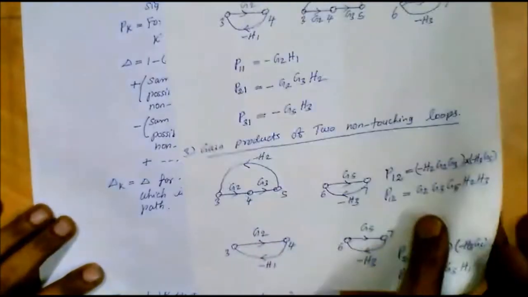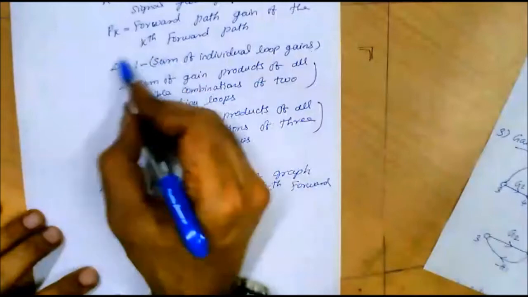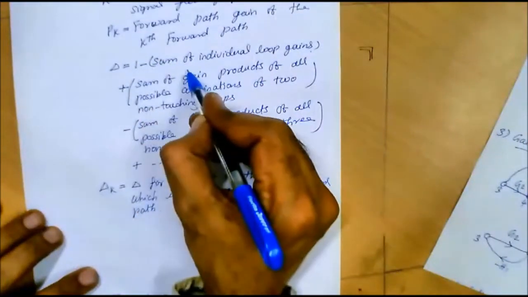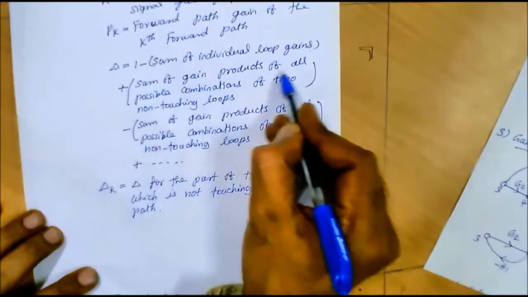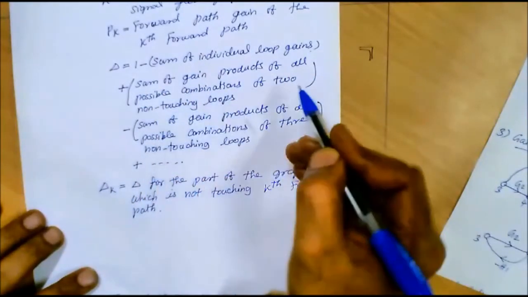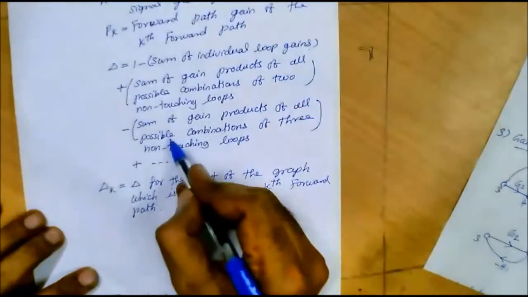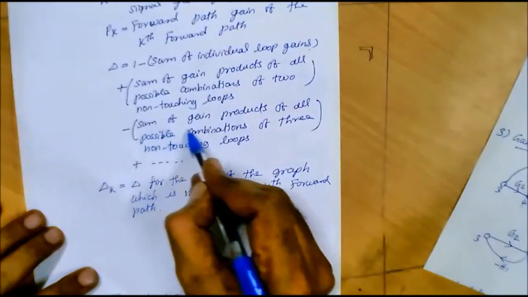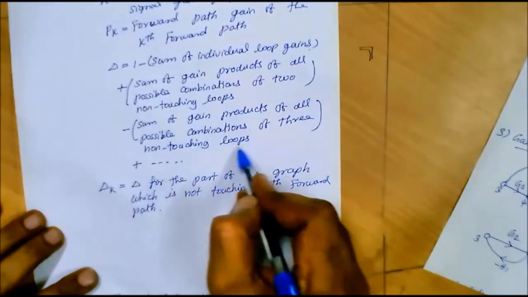Next our aim is to find the value of delta. So from this formula, delta is equal to 1 minus sum of individual loop gains plus sum of gain products of all possible combinations of two non-touching loops. So we found this one and we found this one. The third component is sum of gain products of all possible combinations of three non-touching loops.